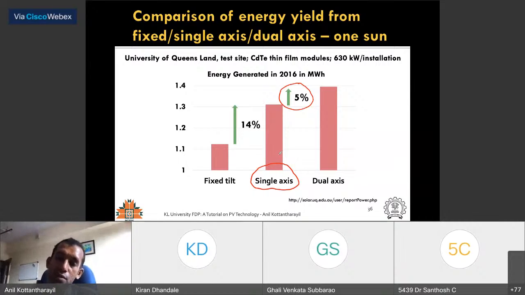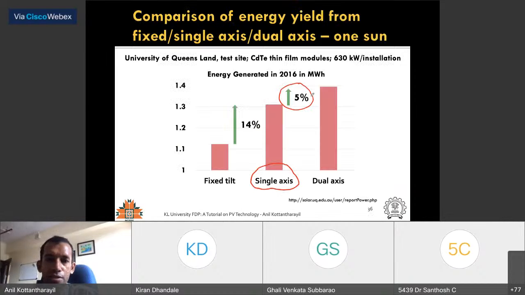So obviously the system price will be higher, but this 14% increase still makes it worthy. The incremental cost for the motors and all these things is smaller than this increase in energy yield, so you can recover those costs within a short period of time. So that is what it is. But this is still not economical.